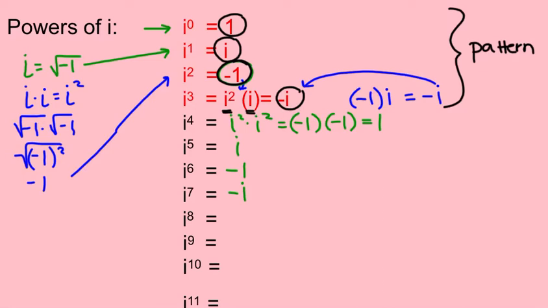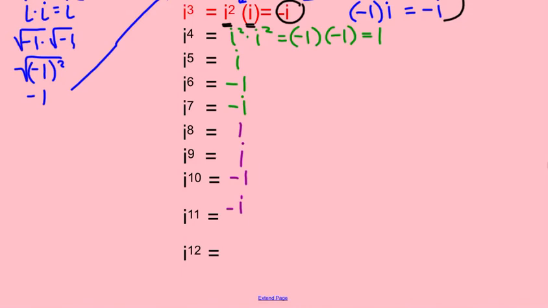Then the pattern repeats again. I'll just change the color. 1, i, -1, -i. And then the pattern repeats. 1.